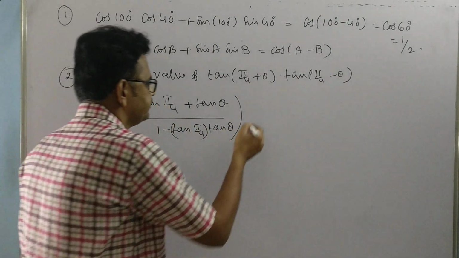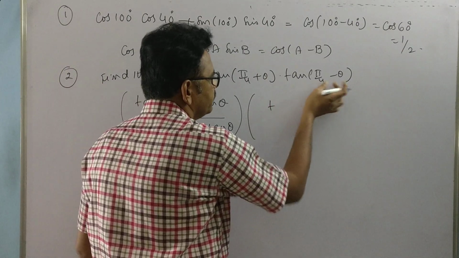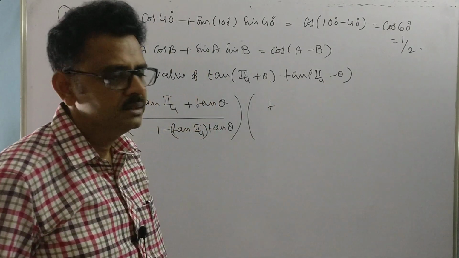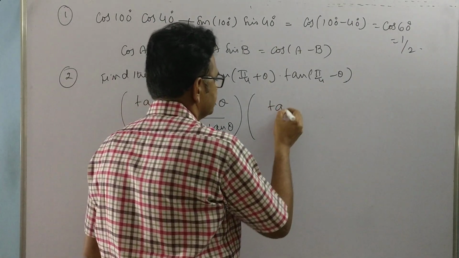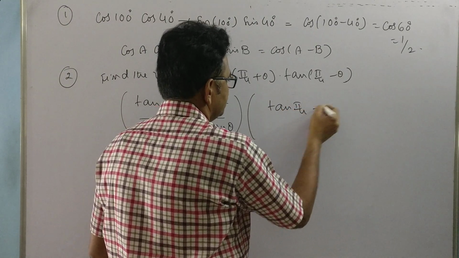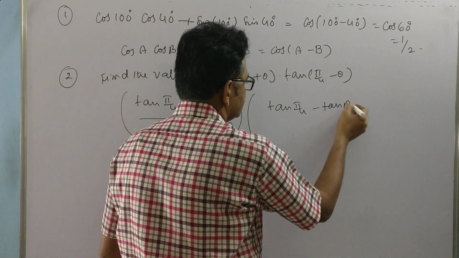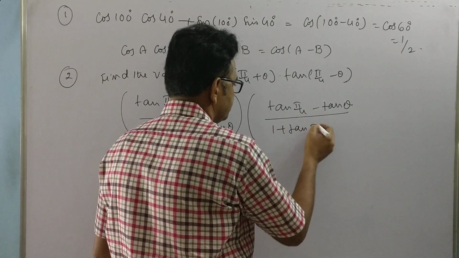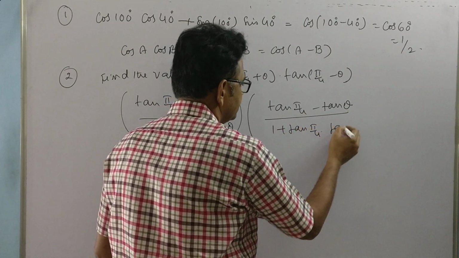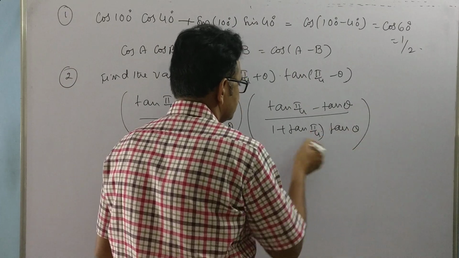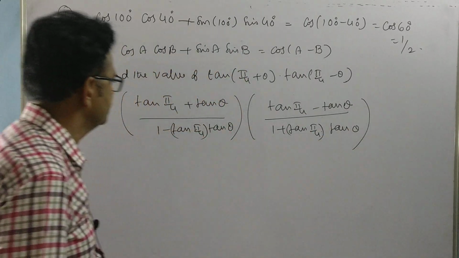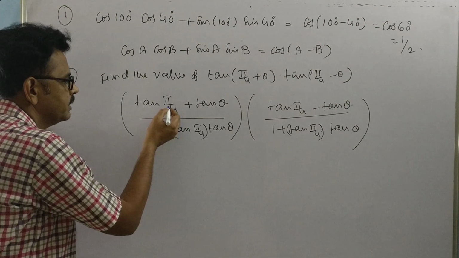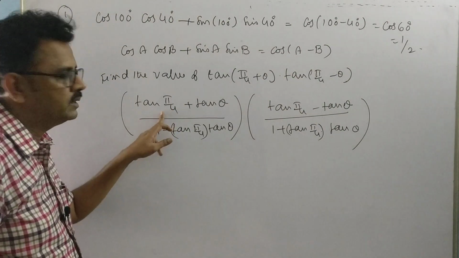And tan of A minus B form is tan A minus tan B by 1 plus tan A into tan B. Tan 45 degrees value is what? 1.